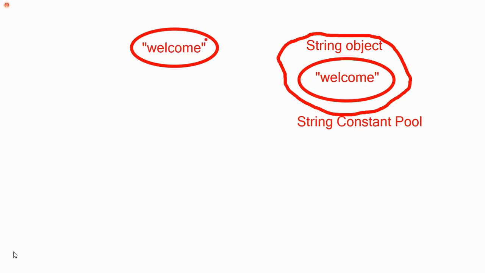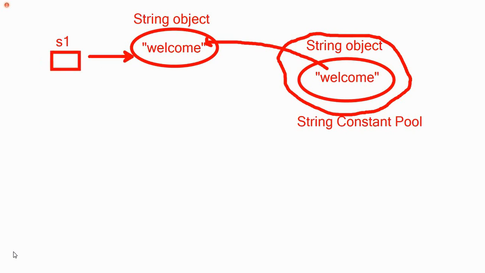Welcome. It is outside the pool. This string placed here. It is referred by S1. In first line, two objects created. What it contains? Hash code.